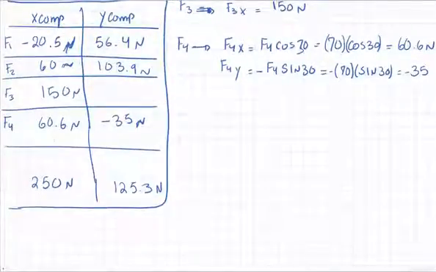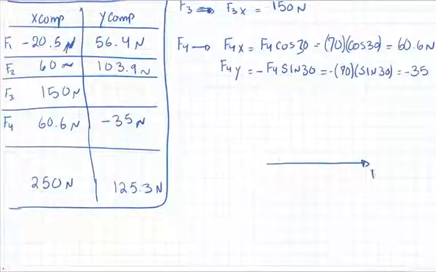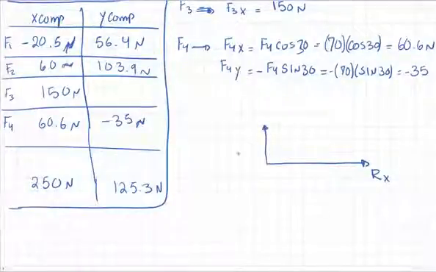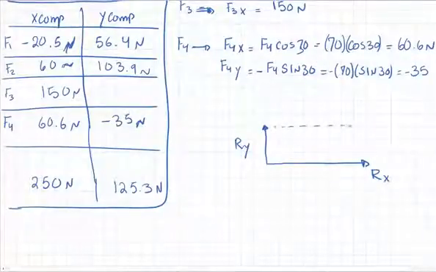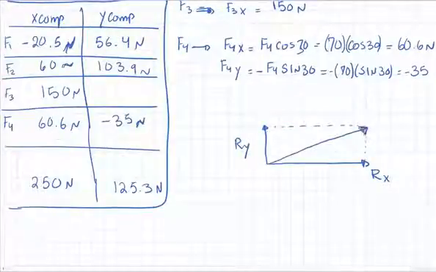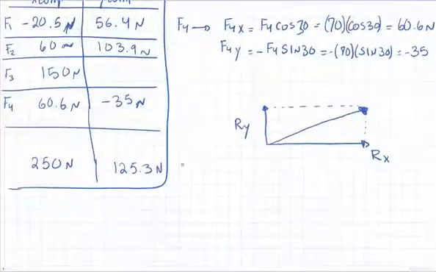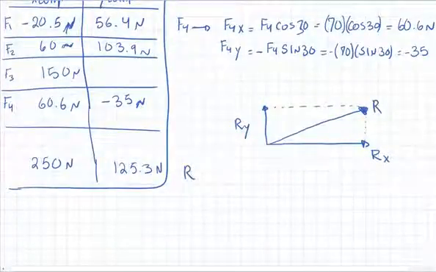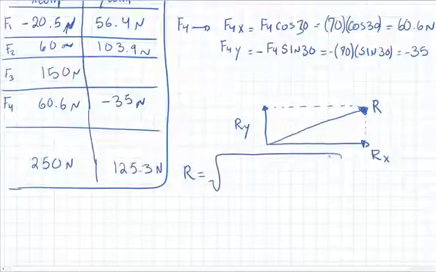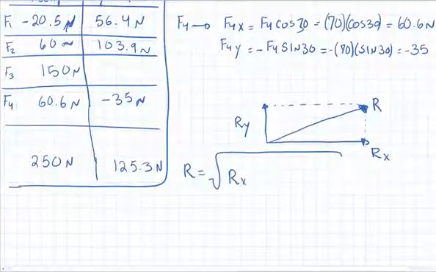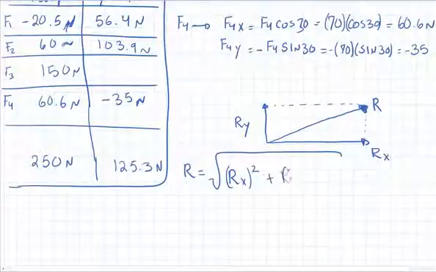So if I draw that, it would look like 250, that is my resultant x, and 125, that is my resultant y. And I'm going to use a formula to give me my resultant force. The formula is that my resultant force, R, is equal to the square root of my resultant x squared plus my resultant y squared.